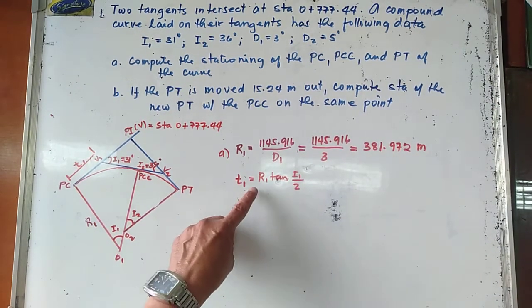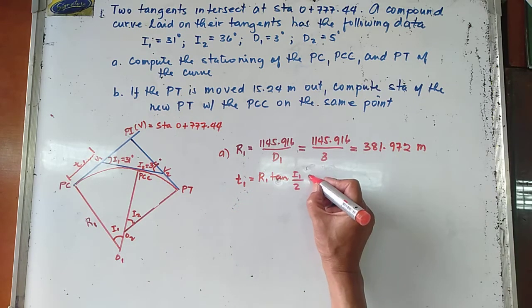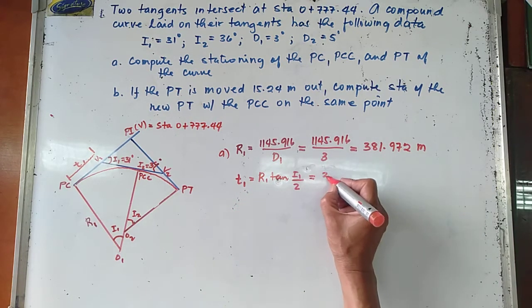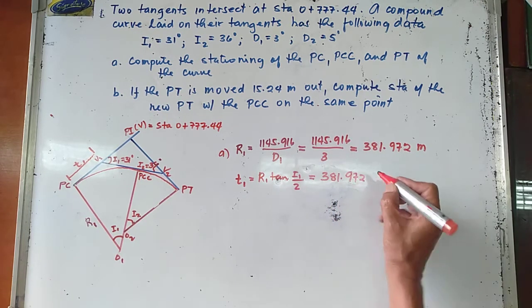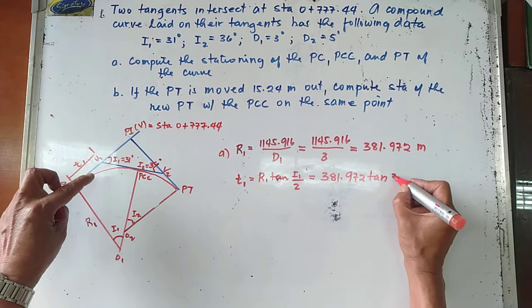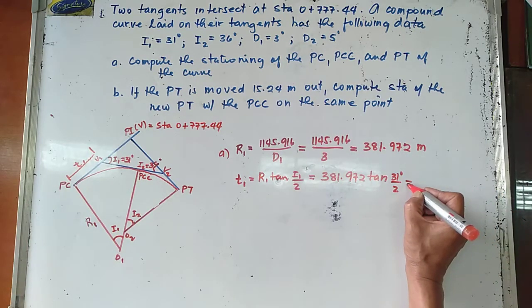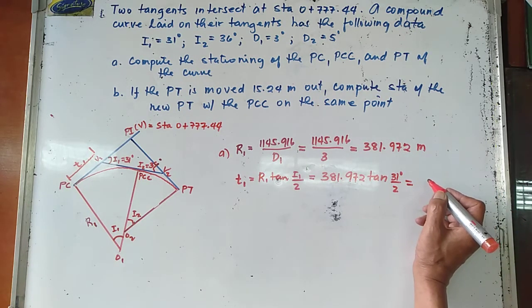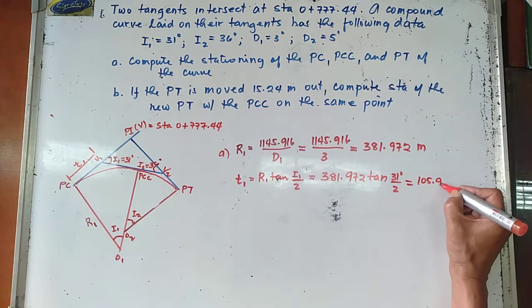Notice that this is the equation of a simple curve. So R1 is 381.972 times tangent of 31 degrees all over 2, which is equal to 105.93 meters.